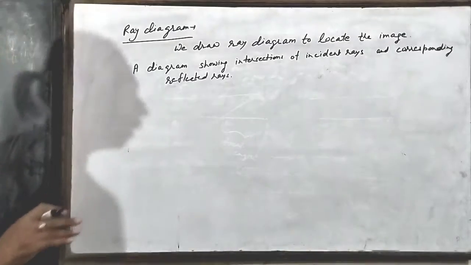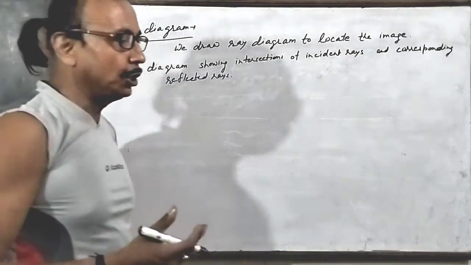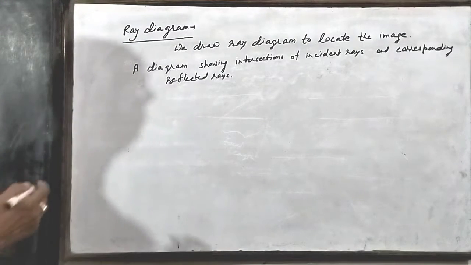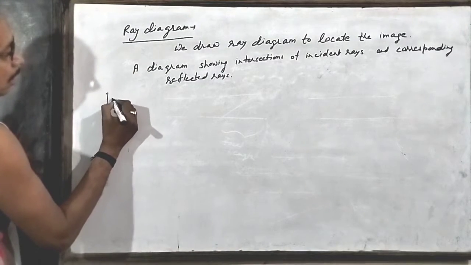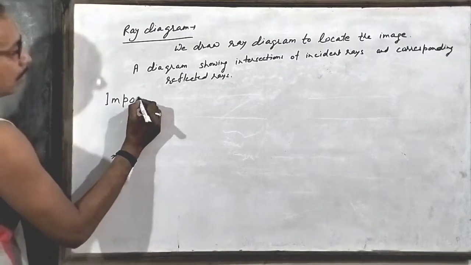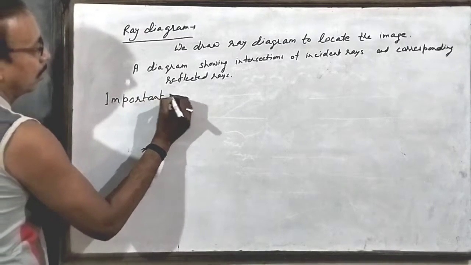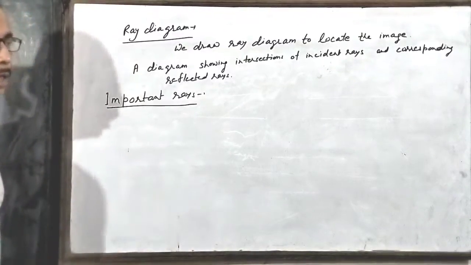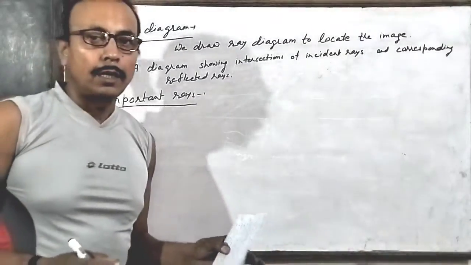When we draw a ray diagram, there are three important rays in the case of spherical mirrors. Out of these three, any two rays can form an image.